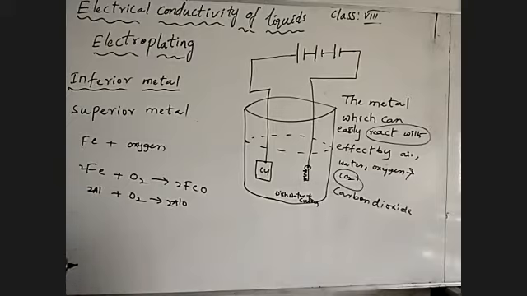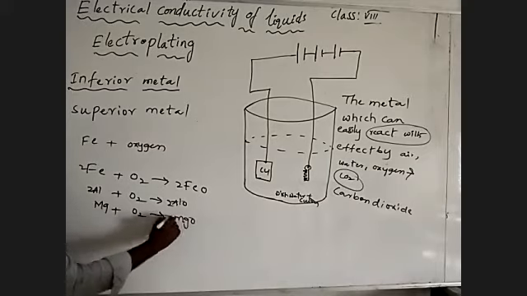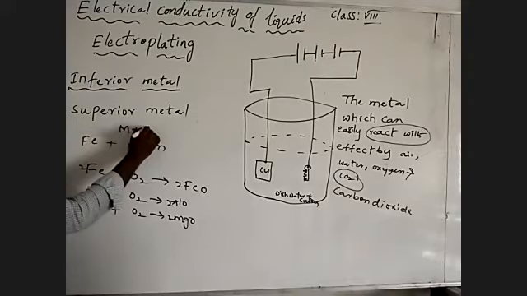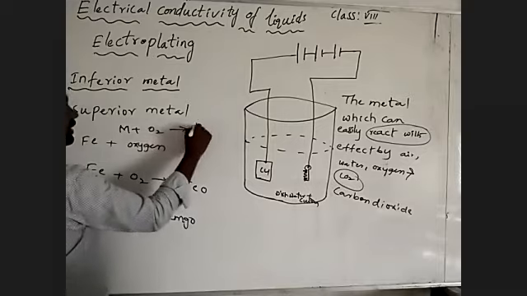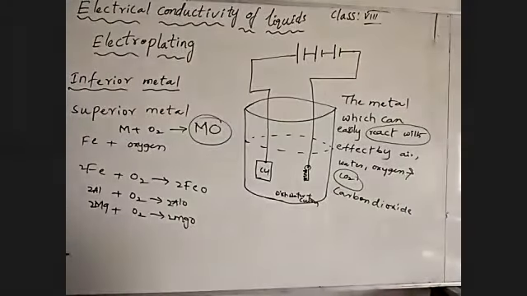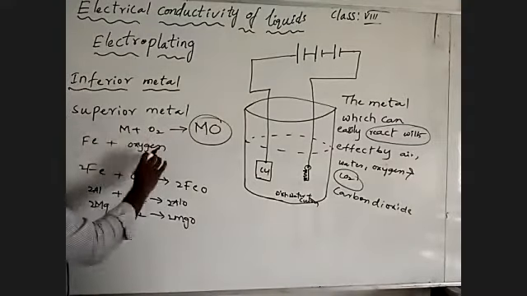Magnesium reacts with oxygen, it forms magnesium oxide. So when metal reacts with oxygen, it forms metal oxide, and so it forms rust.